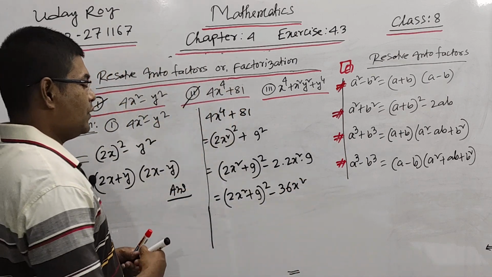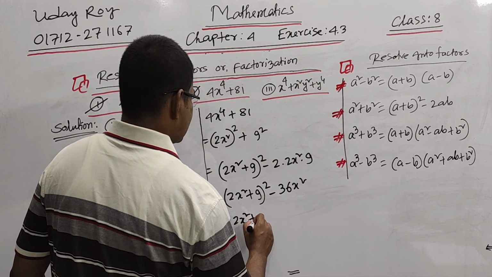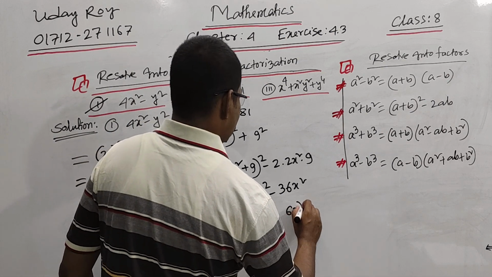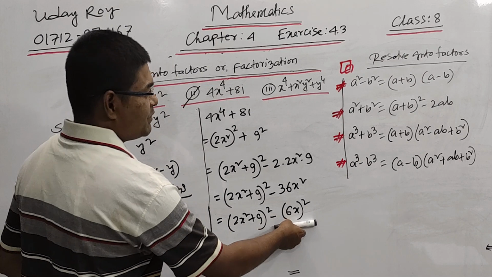So now we can write (2x square plus 9) whole square minus (6x) whole square. Here is a square minus b square.